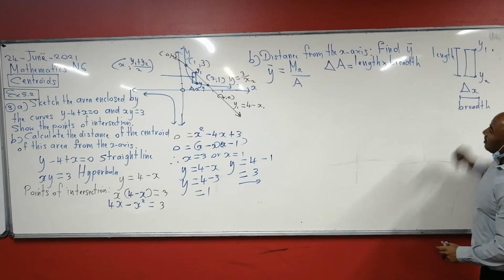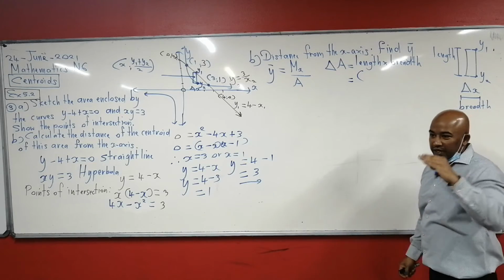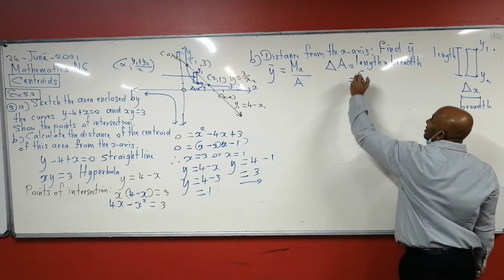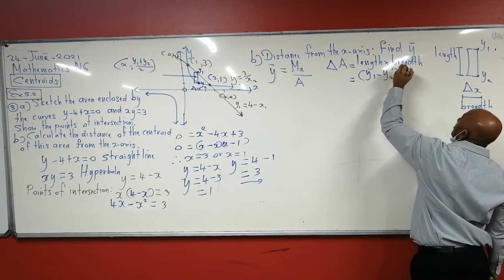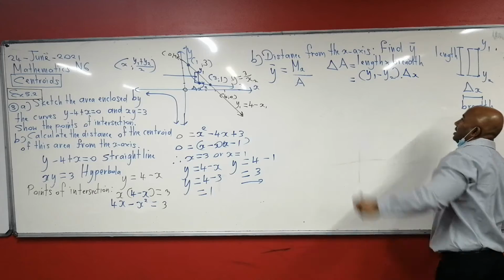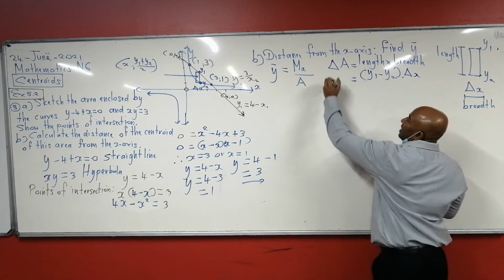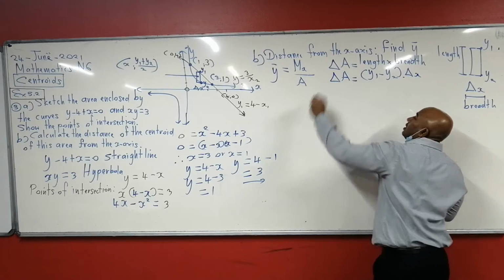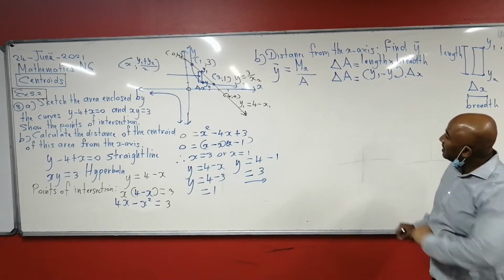If I want the length, I'm going to subtract top minus bottom. That's going to be y1 minus y2, times your breadth, delta x. This is a compulsory step. You must write down the formula for the area of the representative rectangle.